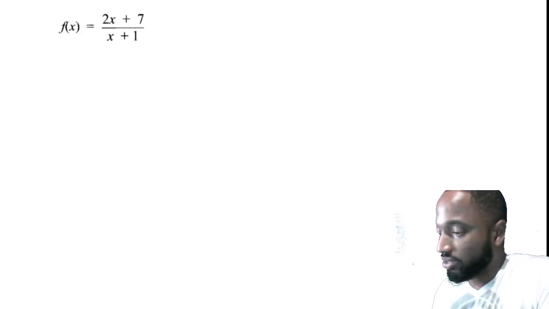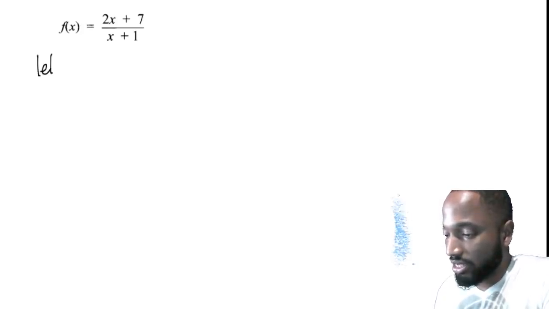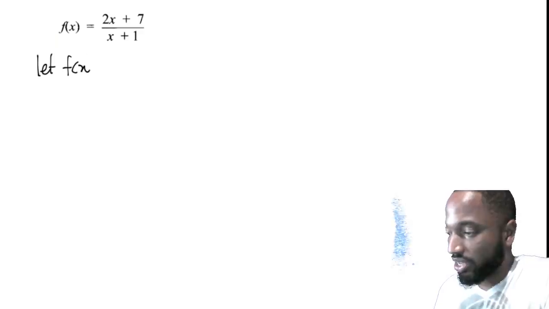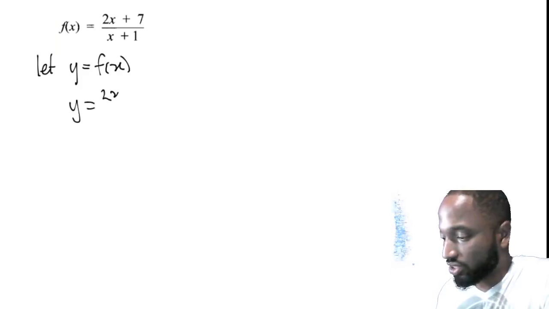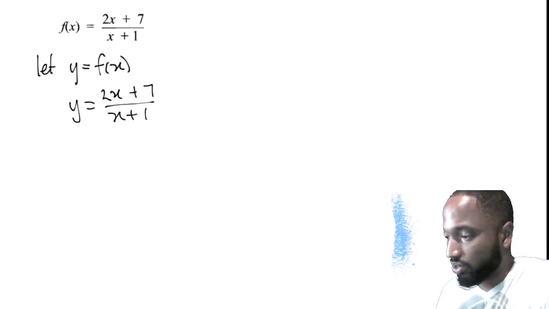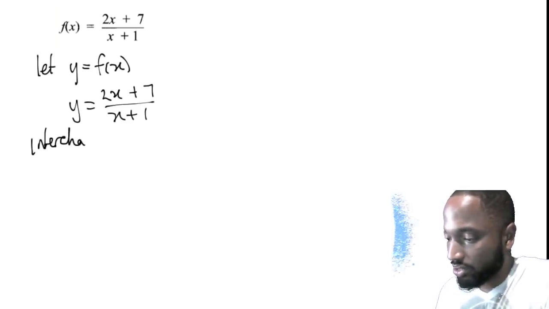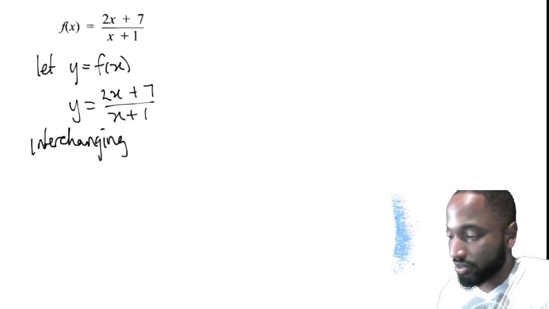So f of x is equal to 2x plus 7 over x plus 1. You let y be equal to f of x. This is the way you're taught to do this in school, so you just replace that there. Then what do you say? You say interchanging variables.